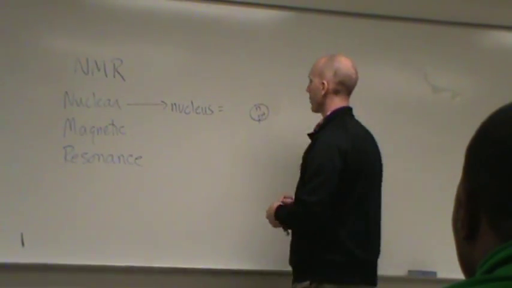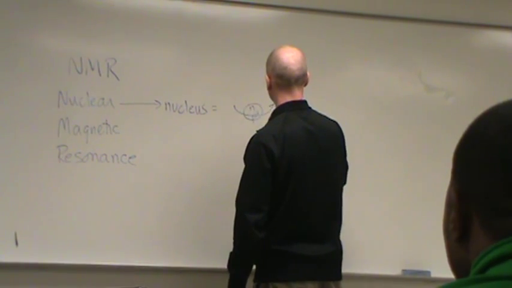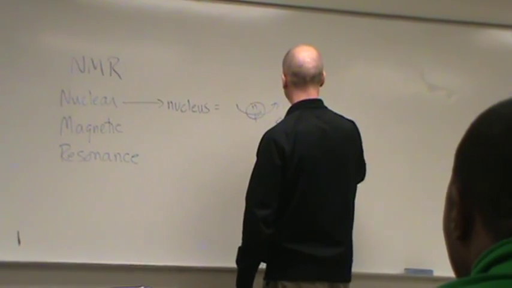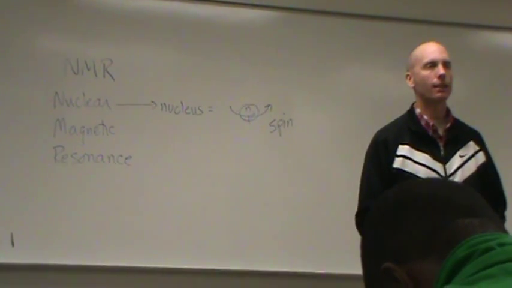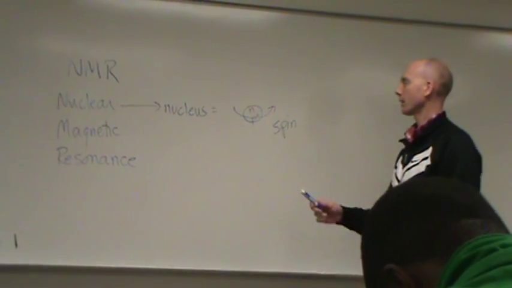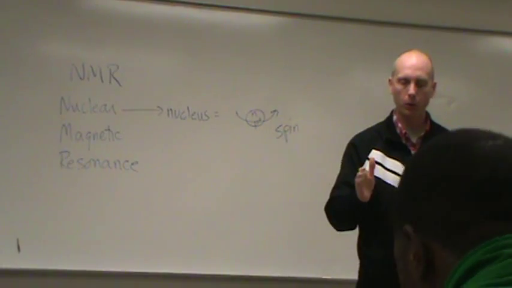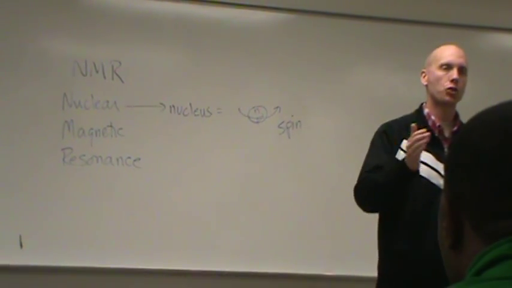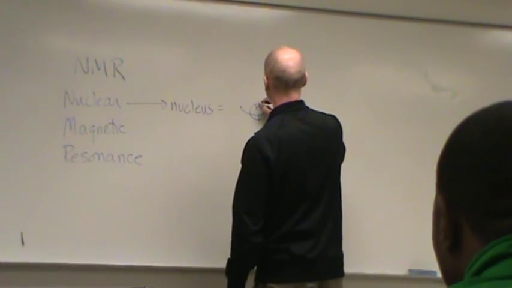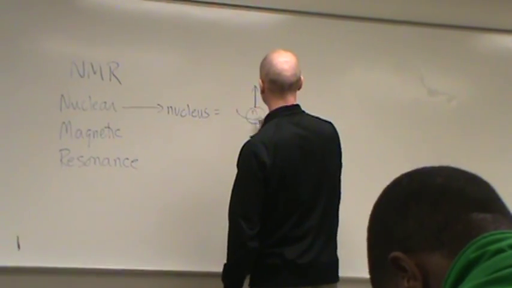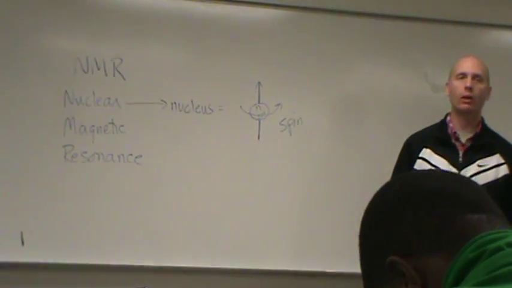Well, when you have a nucleus that can spin like a top, then it can do something here. When you have a charged particle that can spin, it can generate something called a magnetic moment that we'll represent with this arrow here.